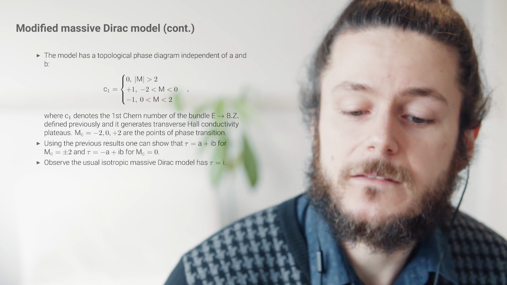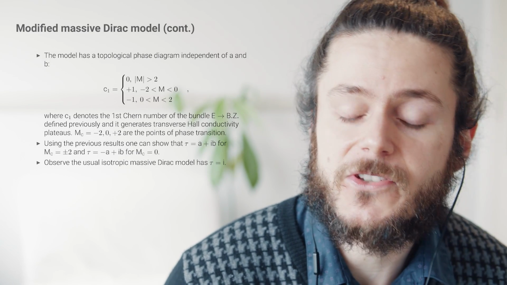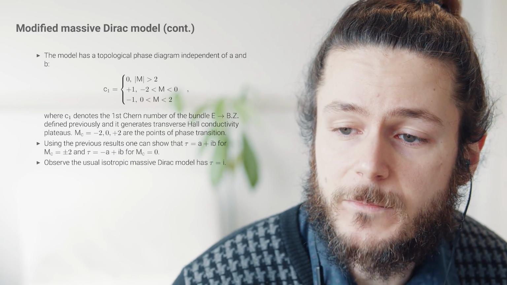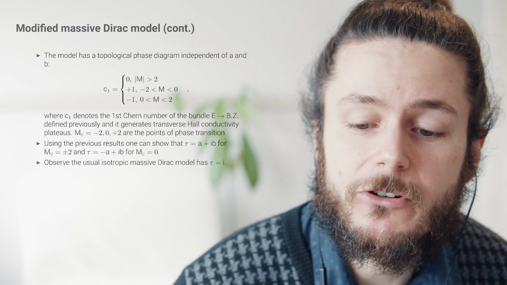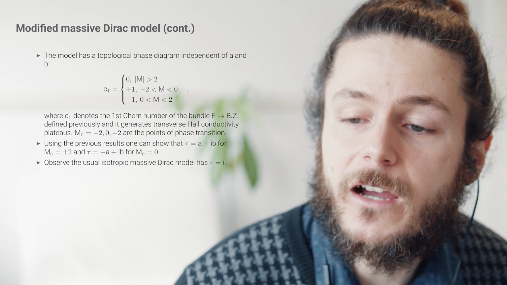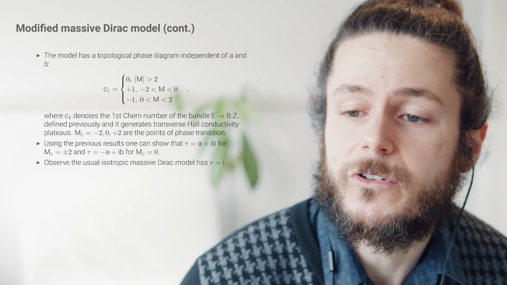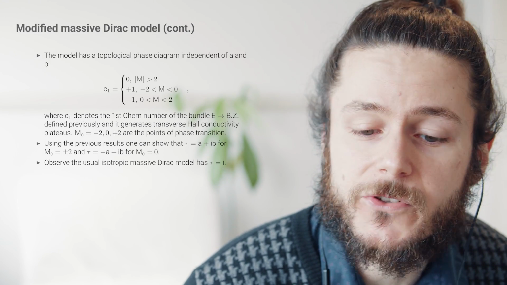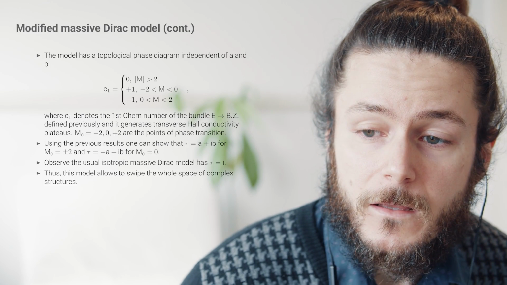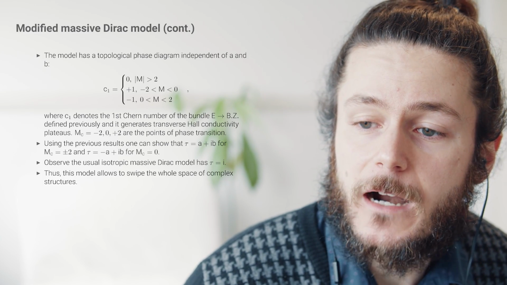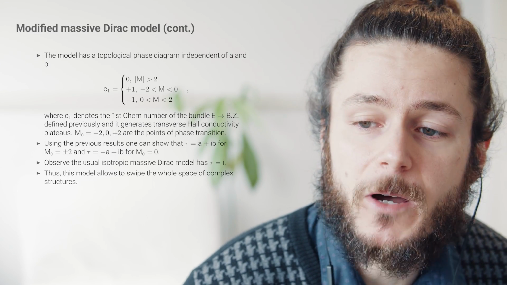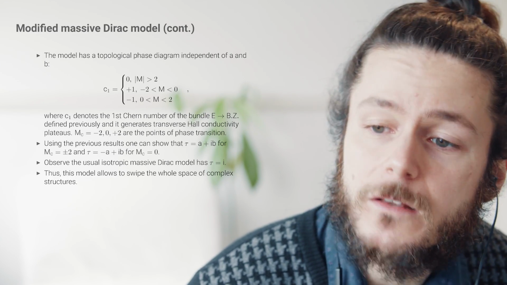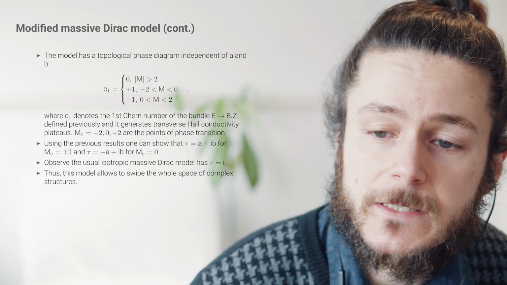Moreover, if I tune the parameters so that I'm in the usual isotropic massive Dirac model, meaning that A equals 0 and B equals 1, I recover the standard complex structure on the torus, tau equals i. If I put A and B arbitrary in the model, I recover the whole space of complex structures. So this model is rich enough to capture all the complex structures I want.